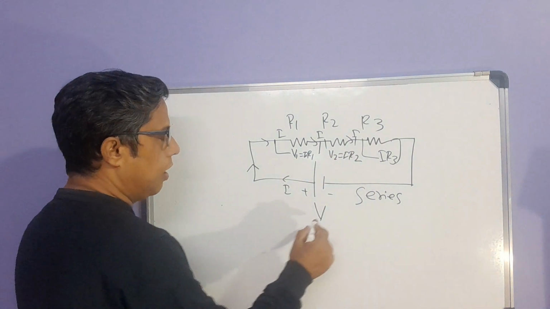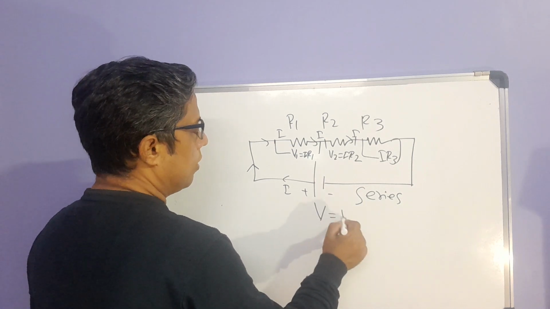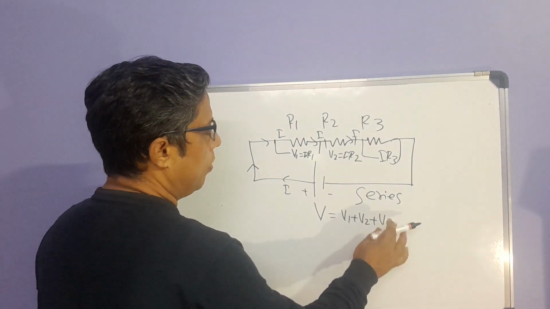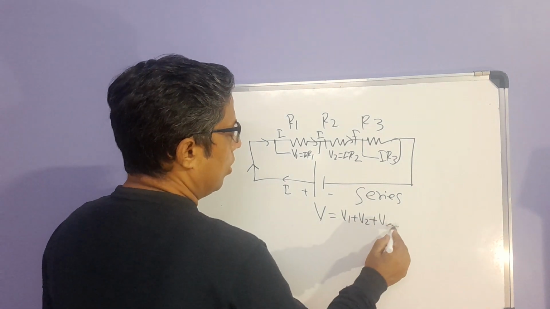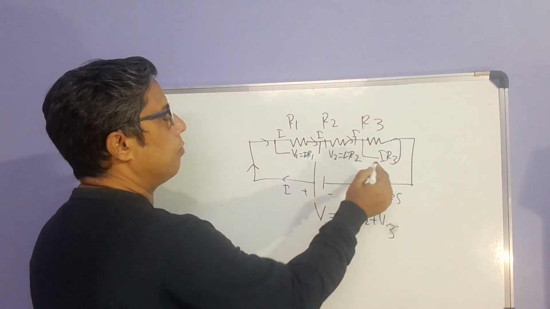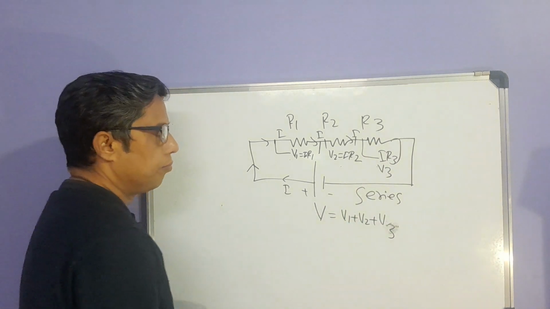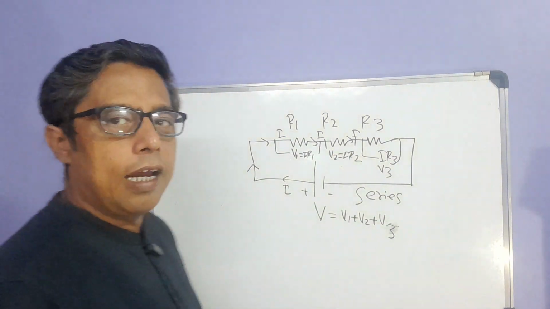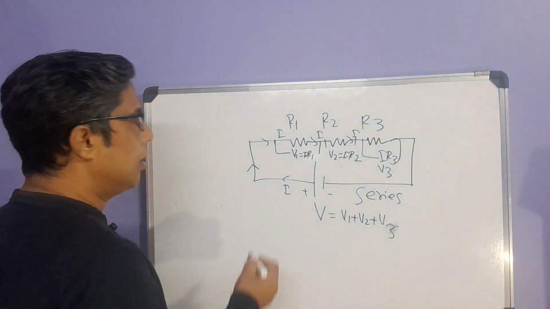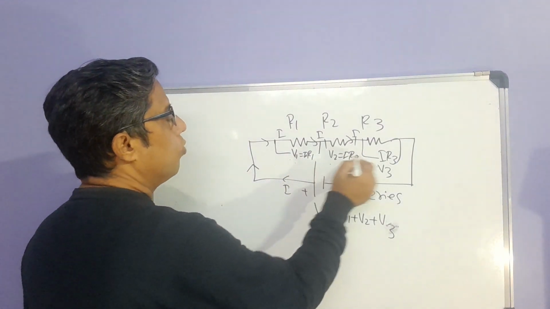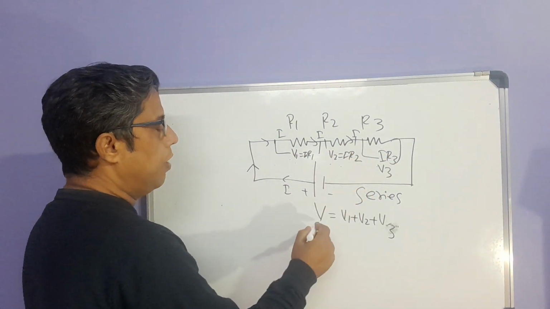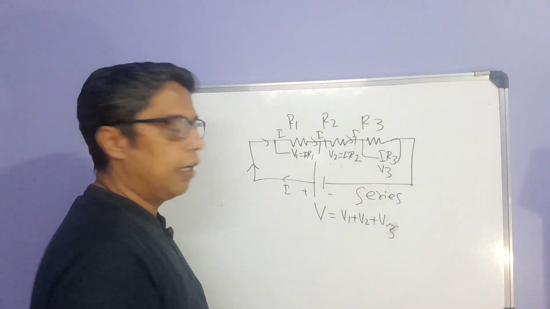So what is going to change? The total voltage is the summation of all three voltage drops. V is equal to V1 plus V2 plus V3. So this is V1, this is V2, this is V3. For a series circuit, the current is fixed. The voltage gets divided into V1, V2, V3 across the different resistances. These are called voltage drops. So V is equal to the summation of V1, V2, V3.